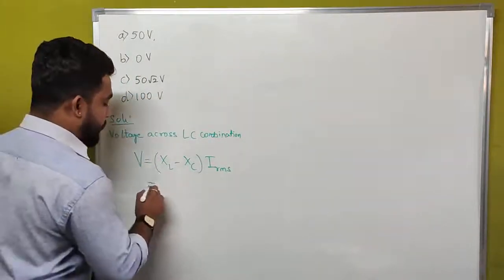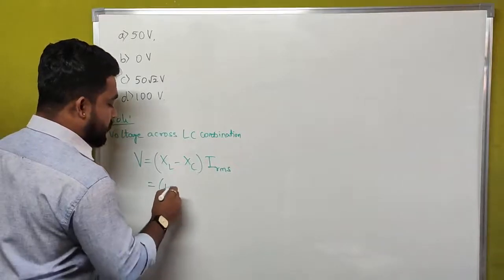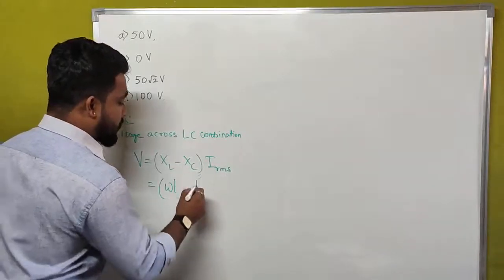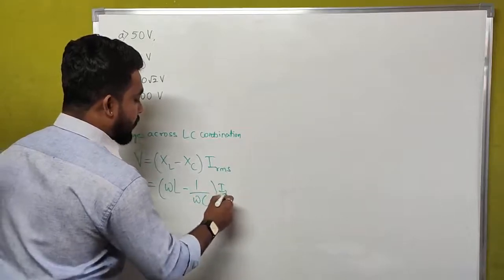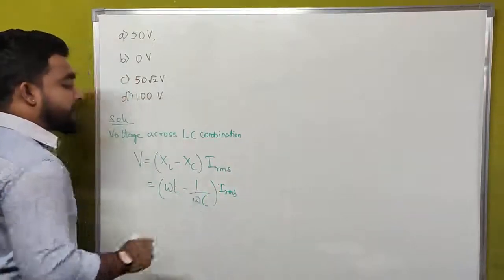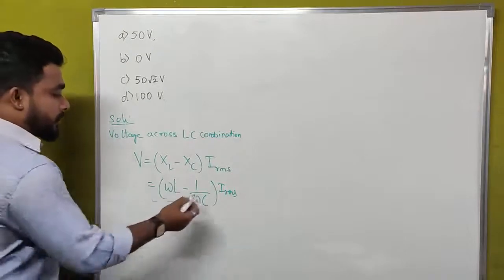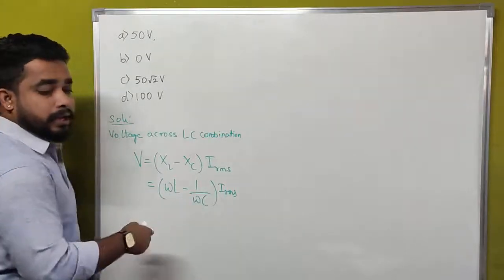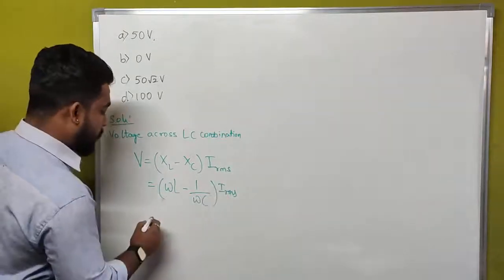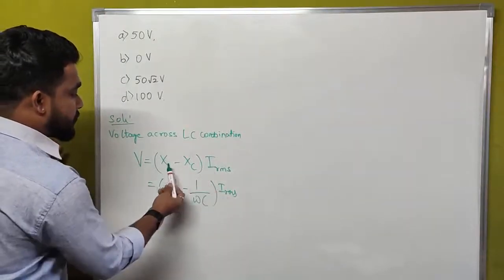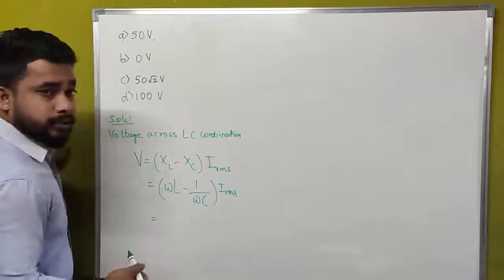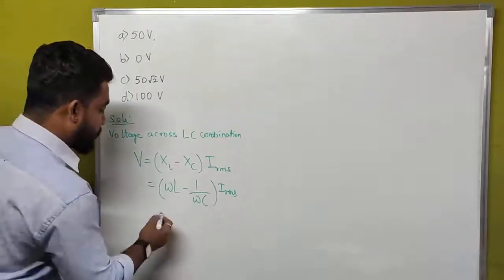What is the value of omega L? That is, XL is equal to omega into L. XC is equal to 1 over omega into C. We may write like this: if we send this IRMS value inside, IRMS into XL or IRMS into XC, what will it be?